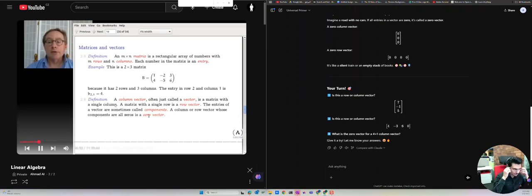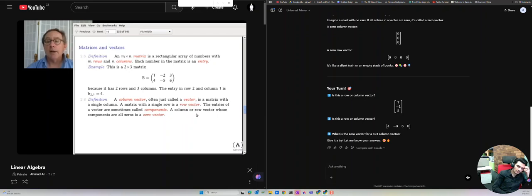The entries of a vector are sometimes called components. Instead of entry up here, you often call it component, and the column or row vector whose components are all zeros is the zero vector, happens to come up a lot in practice.